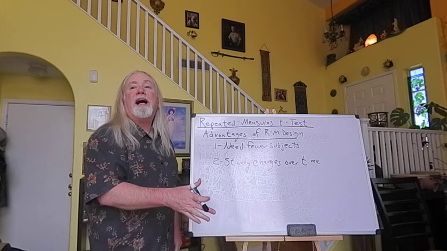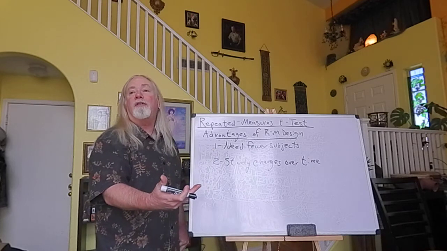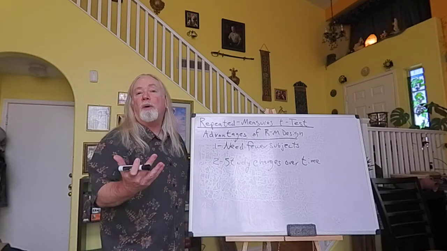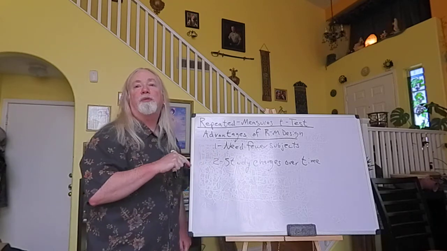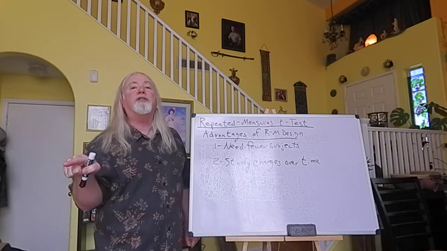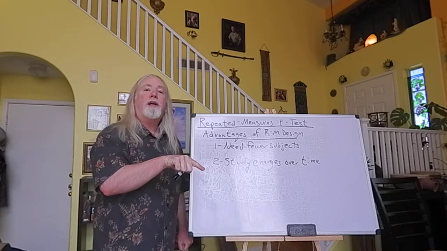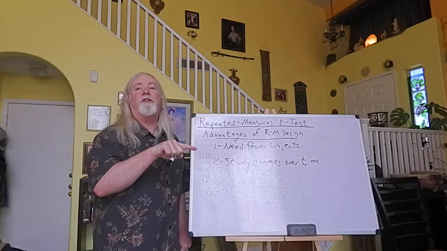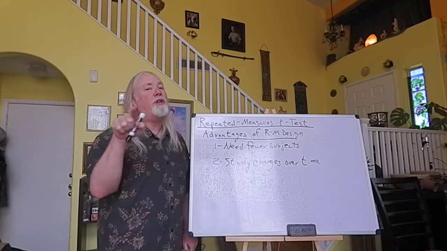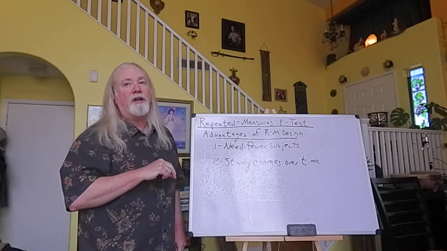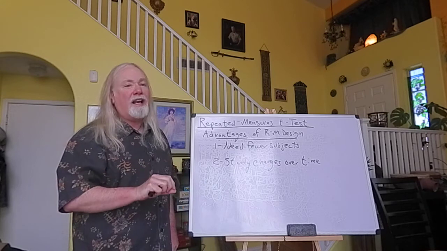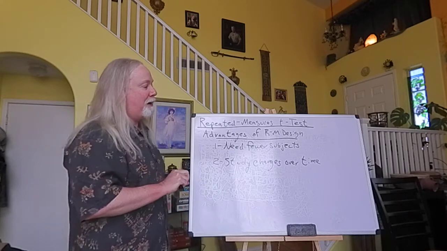Time would be the treatment now, and then measure them some weeks, months, years later, whatever your setup is. You could try to do this with independent measures, get 3-year-olds to compare them to 4-year-olds, but then we've got that problem with individual differences. Are they different because of their ages, or are they different because they're just different kids? So this is generally regarded as the more solid, the more reliable way of getting that job done.